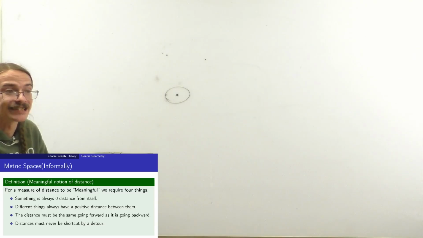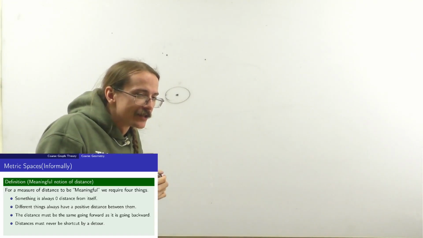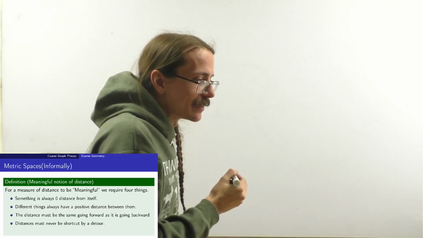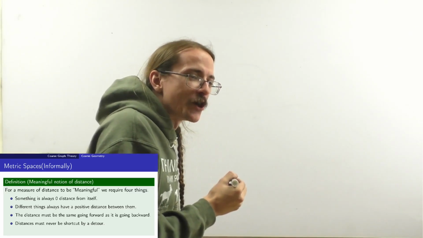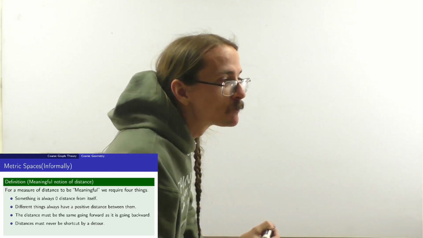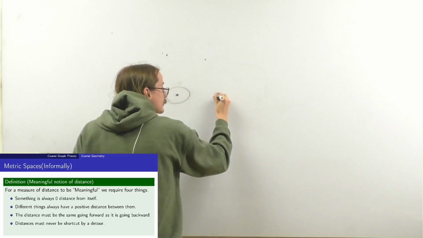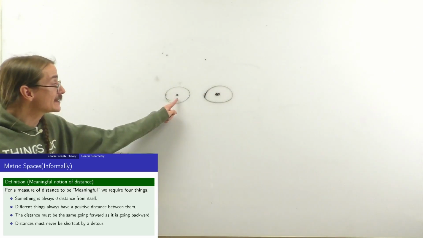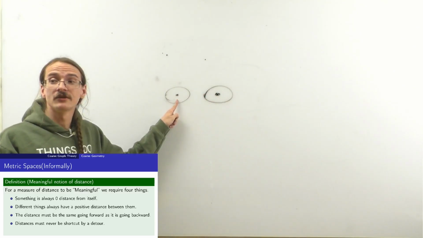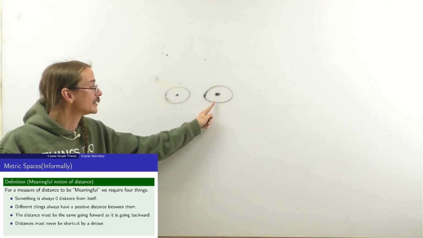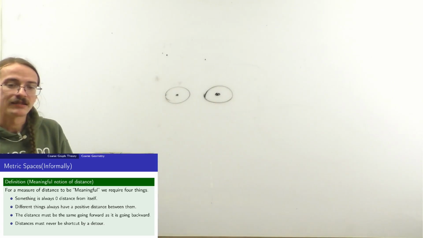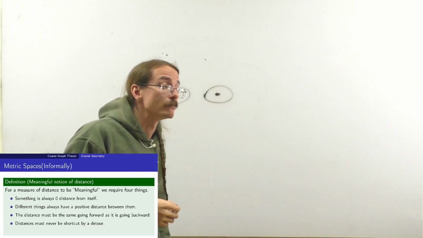It shouldn't have any distance from itself, unless it's really big, and that is an interesting question in this context, but we won't worry about that right now. Different things, if I have 2 things, well, they shouldn't be the same thing because they're not, so there should be some distance between them, and that distance had better be a positive number.